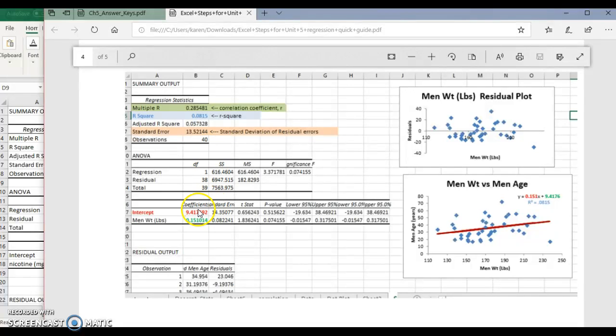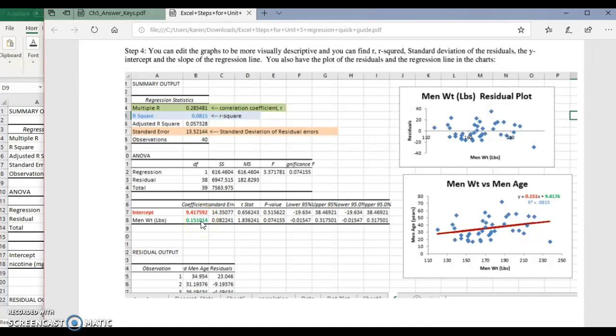This intercept refers to the B1 from our slope-intercept equation. And this number corresponds to the coefficient here, the B naught starting value.